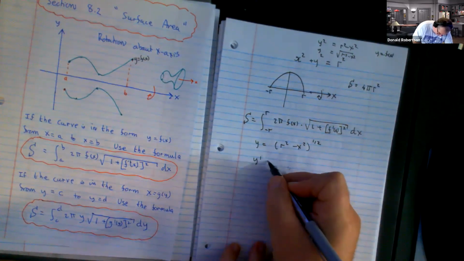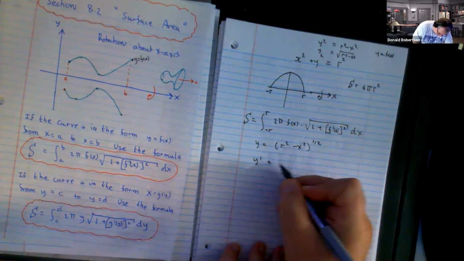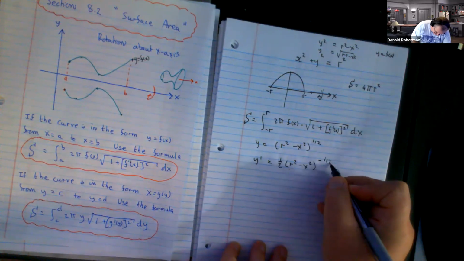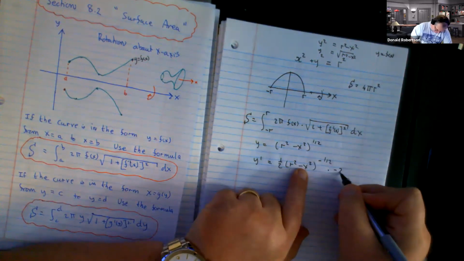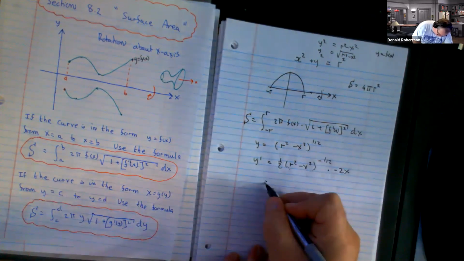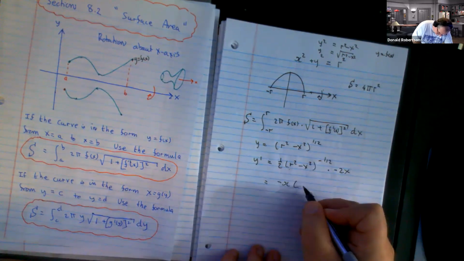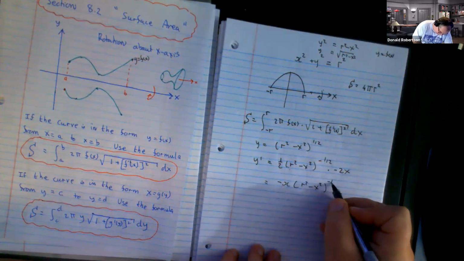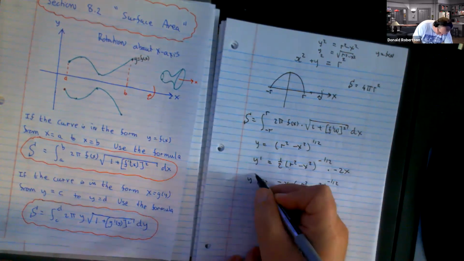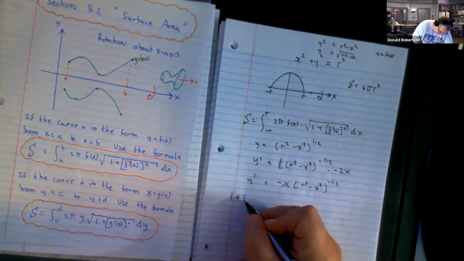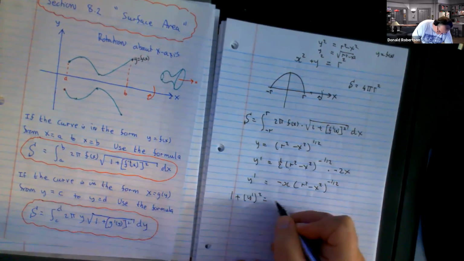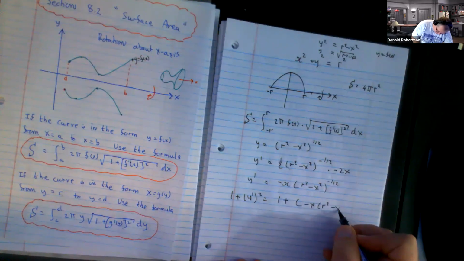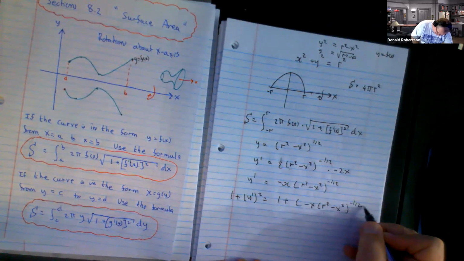Its derivative is 1/2 r squared take away x squared to the negative half power times the derivative of this, which is negative 2x. And so you end up with negative x times r squared take away x squared to the negative 1/2. If you do 1 plus it squared, I'm not sure if I'm going to have enough time now to do this, but I'll try my best to do it.